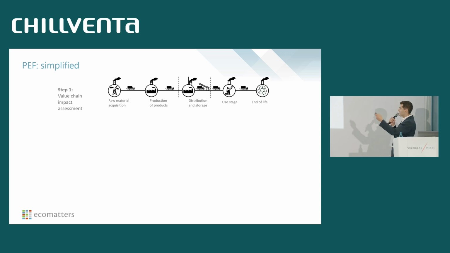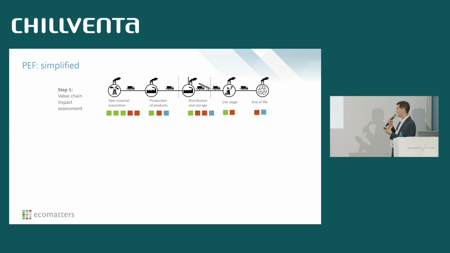So as I said, we have this full value chain with all the life cycle stages. And for all of these stages, we're going to look at what are the activities, what are the processes there, which emissions are taking place, which resources are being used. And with LCA software, we're going to group those emissions into the right impact category, let's say.